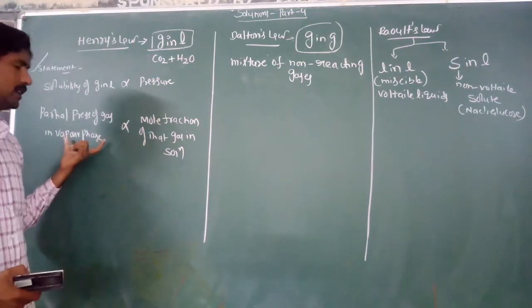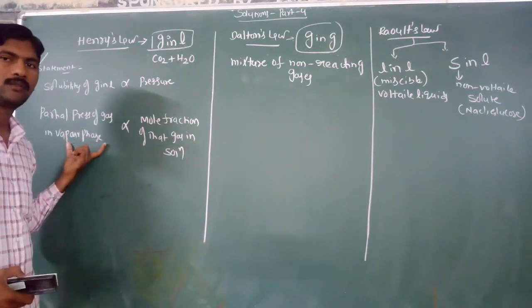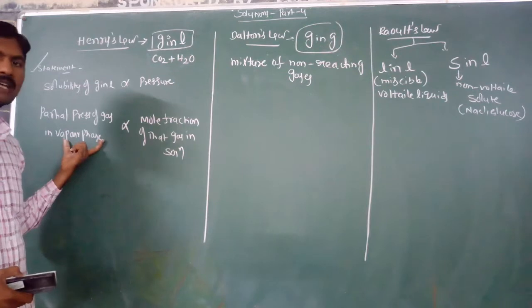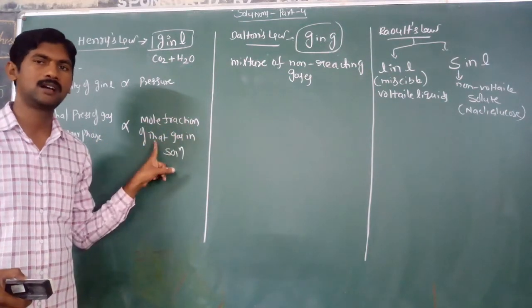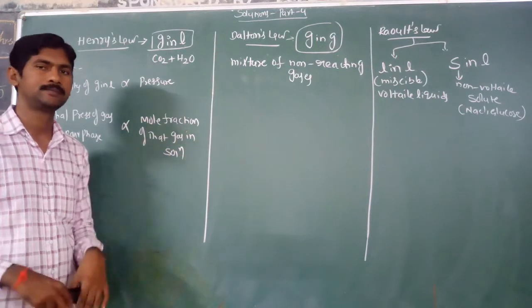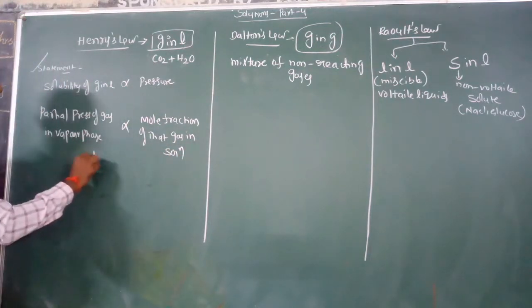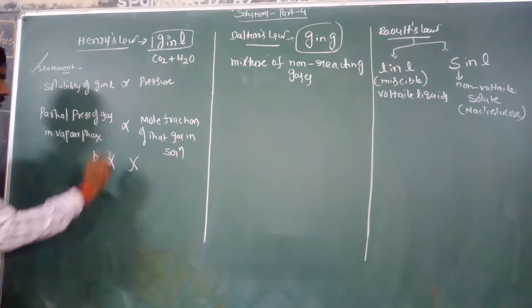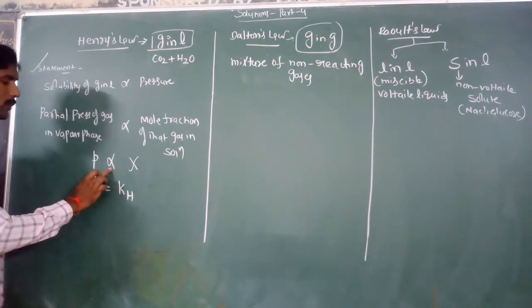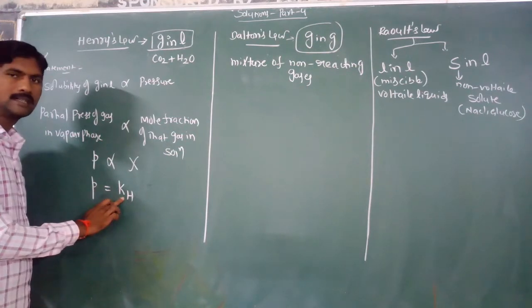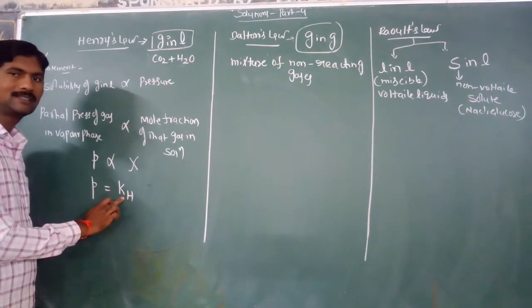So what is the statement? The partial pressure of gas in vapor phase is directly proportional to the mole fraction of that gas in solution. Therefore P is directly proportional to X. To remove the proportionality, we introduce a constant, known as Henry's law constant.